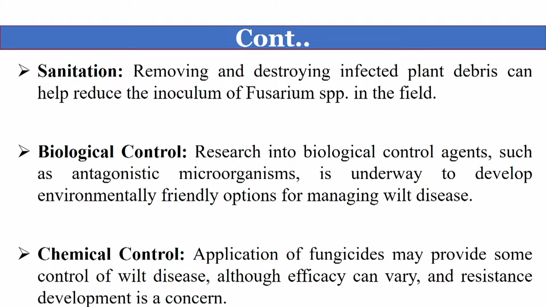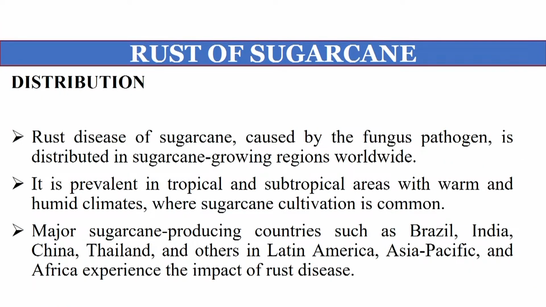And the last weapon is that you can also apply chemical fungicides, which provide some control of the wilt disease, though effectiveness can vary by resistance and development, so you may apply them in severe conditions.